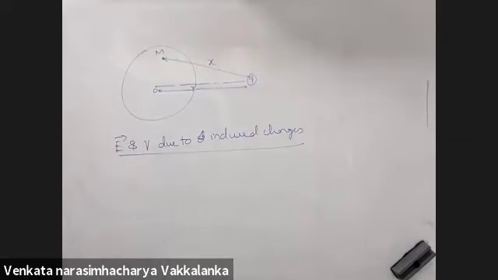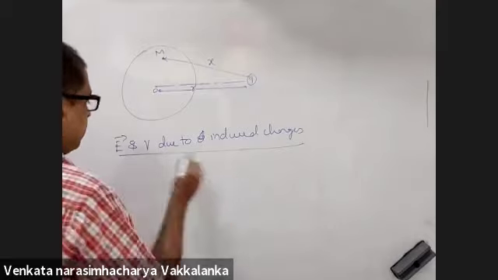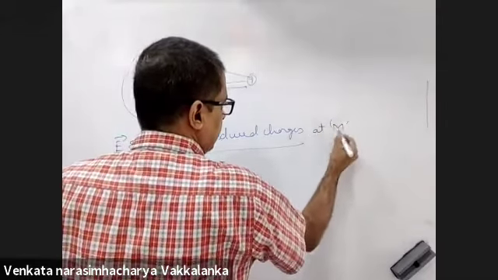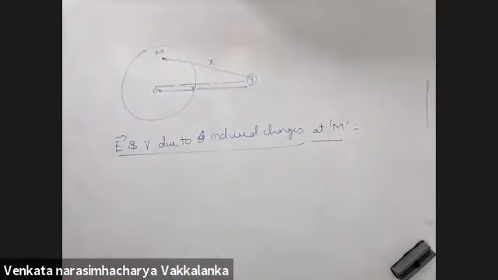So what is M? M is just a point which is at a distance of x from Q. Sorry, potential at M, my bad. Field and potential due to induced charges at M.